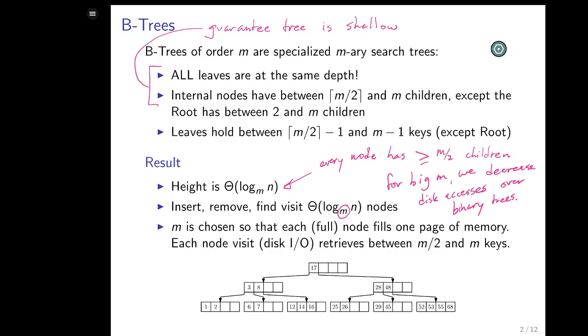Well, you have to do it some way. And the way you do it is by making the root a leaf that just holds 3 items. Or anyway, we'll see under insert what happens with roots as well. So the number of children that a root has can be anywhere from 2 to m. And the number of keys that it can hold if it's a leaf can be anywhere from 0 to m minus 1.